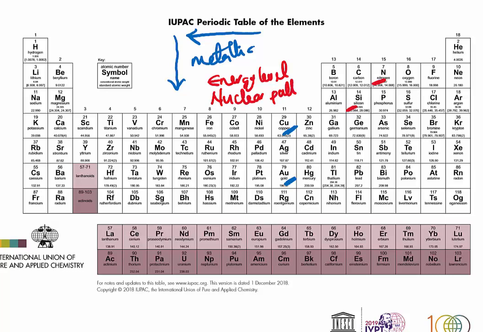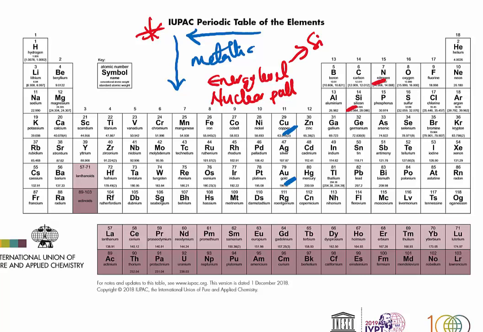Let us begin with the effect of energy level. We know that according to the trend here, the more energy levels you have, the more your metallic properties. So on the account of energy levels, silicon will be more metallic.